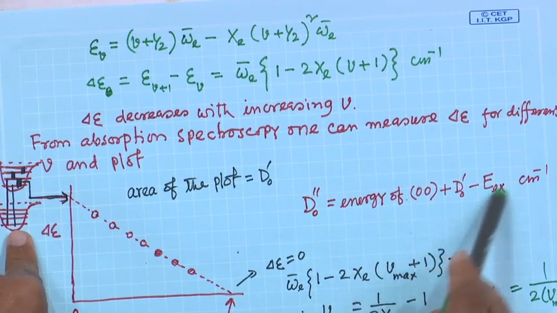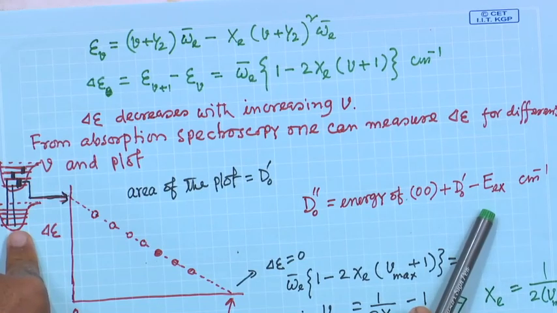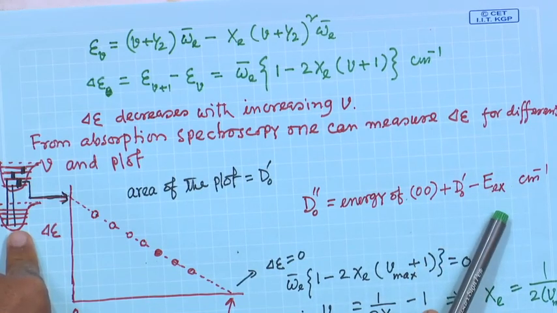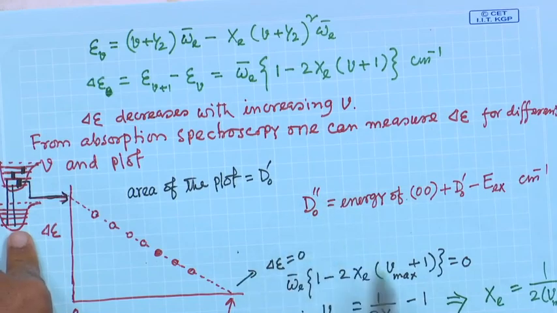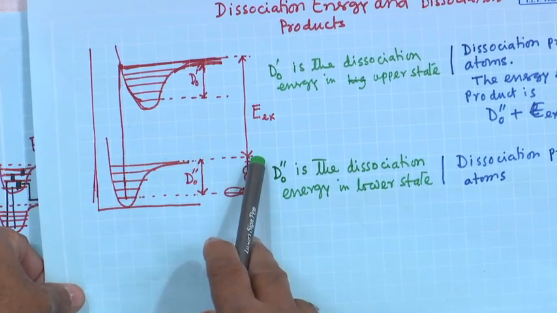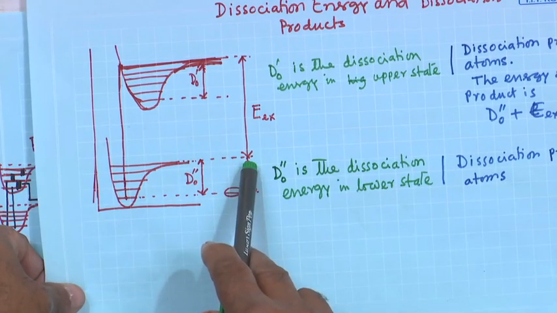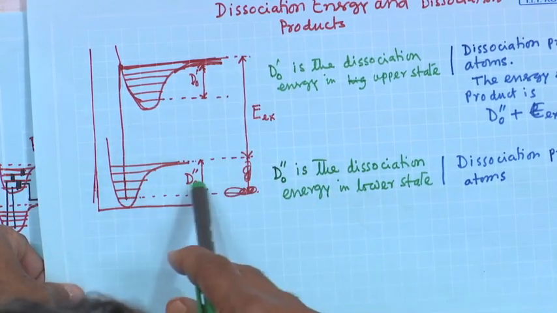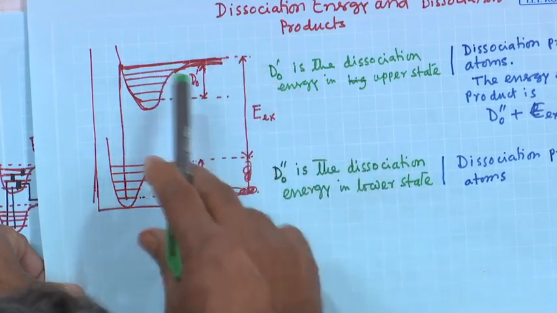Only this E excited is unknown, and it is related to the energy of the dissociation products. Here the dissociation product is atoms, and there also atoms.